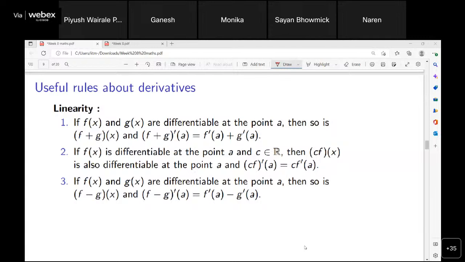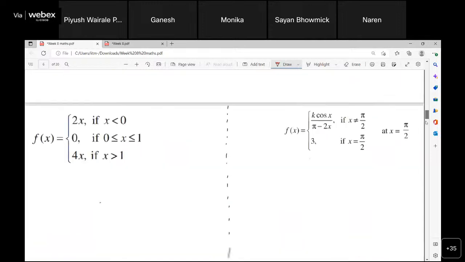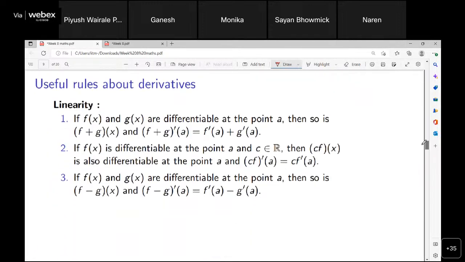Even if that information is not there, the answer will be the same. It is only extra information, to check whether the student knows or not. You can expect such questions. Okay, I understood, sir.